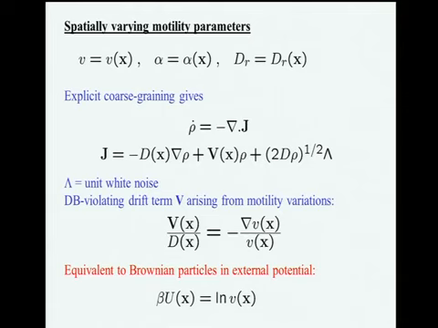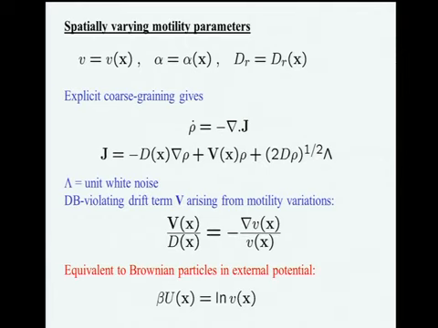The detailed balance violation is through this drift term here, which does not come from interparticle forces. It comes from the fact that there's a swim speed which depends on the density. And intriguingly, it's only the swimming velocity, not the rate of tumbling or the diffusion constant, that gives you this drift term. Its general form is that the ratio of V to D is minus the gradient of the swim speed divided by the swim speed, so the logarithmic derivative of the swim speed.